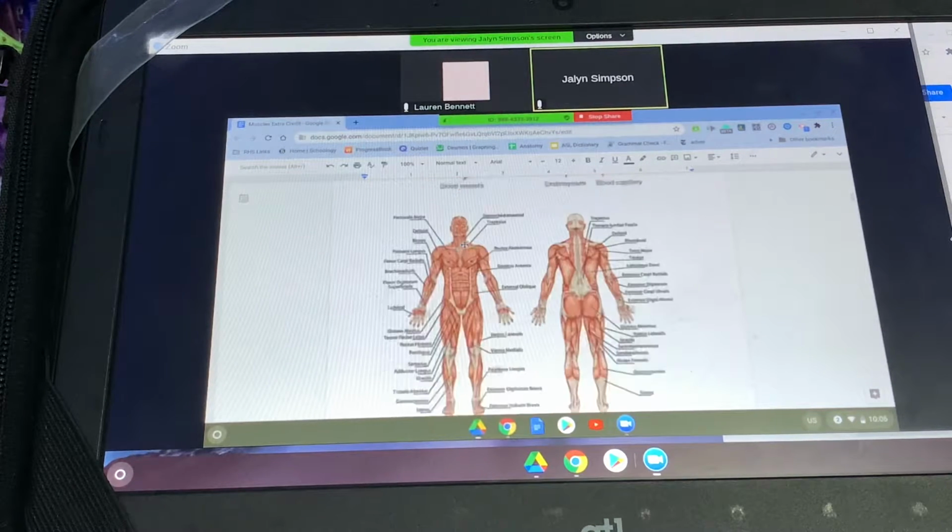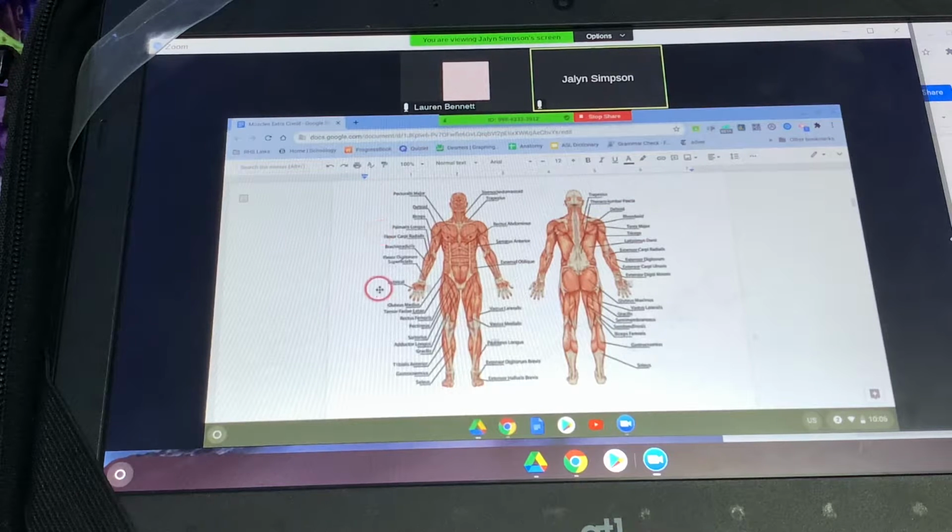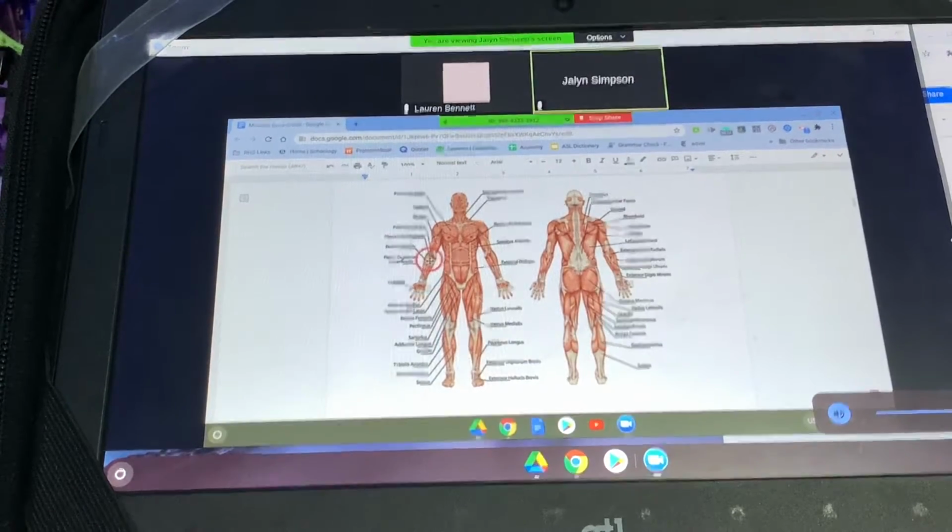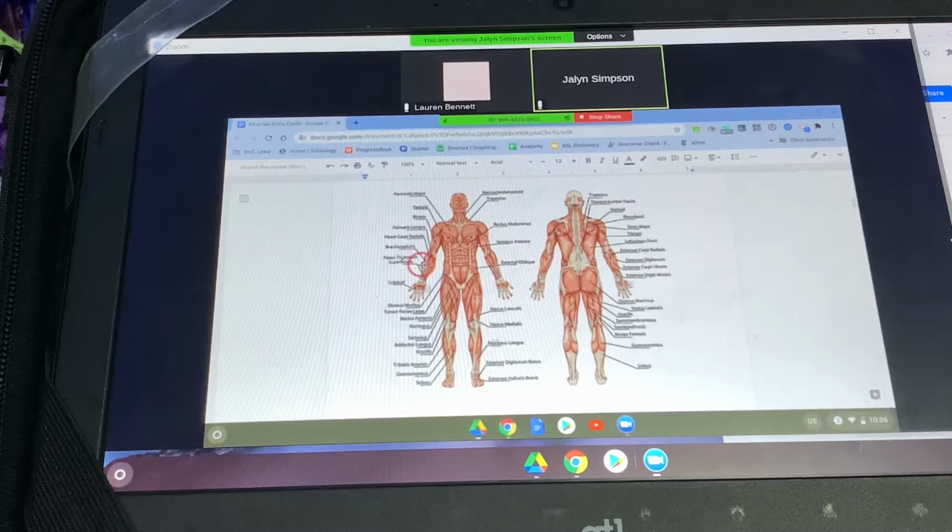Then we have the required muscles, a diagram of them. We have the pectoralis major, deltoid, biceps brachii, flexor carpi radialis, brachioradialis, and the superficial flexor digitorum.